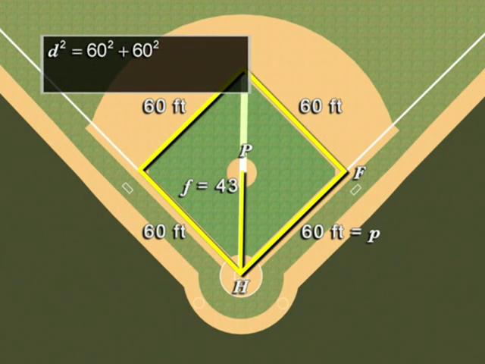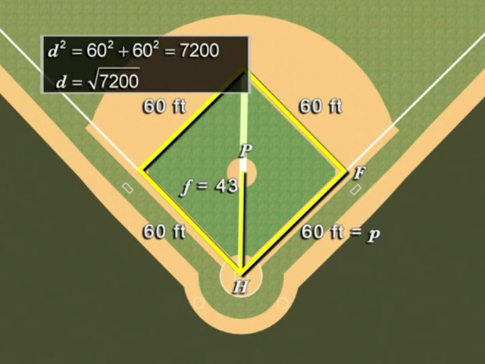So again, using the Pythagorean theorem, we have side squared plus side squared, 60 squared plus 60 squared equals hypotenuse squared. So that's 60 squared plus 60 squared, which turns out to be 7,200, and that's the square of the distance from home plate to second base.